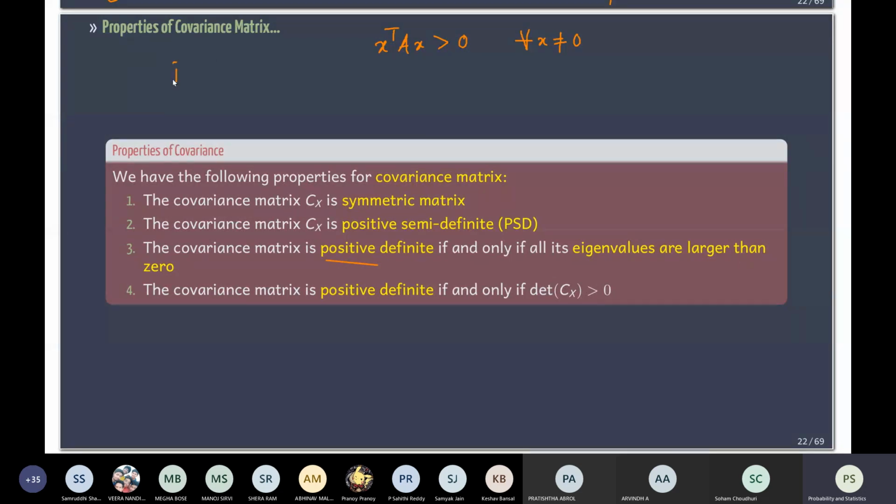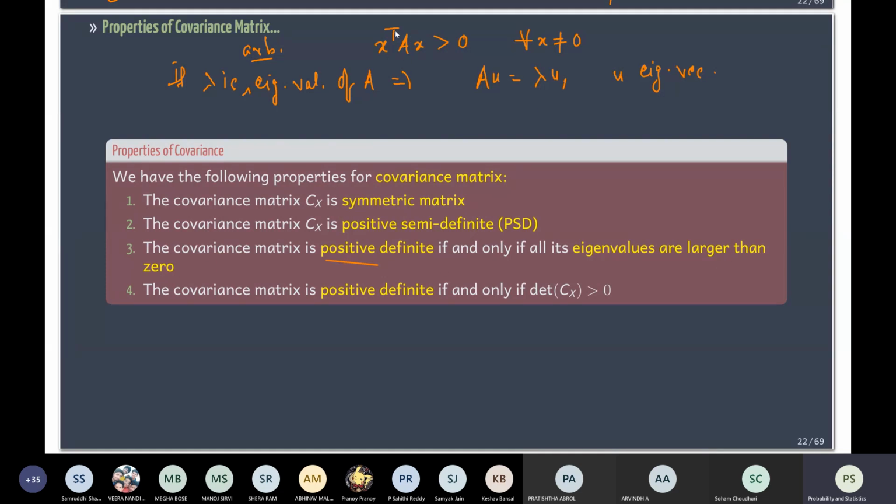So if lambda is an eigenvalue of A, then A u is lambda u for some eigenvector u. Lambda is any arbitrary eigenvalue of A, and the claim is that lambda must be larger than 0.